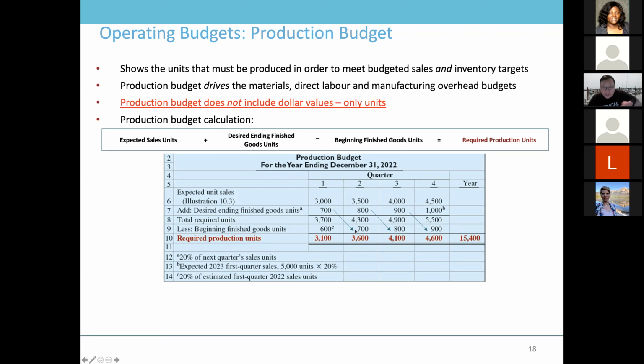So for Q2, I need to have in total 4,300, and the opening balance is 700. So I have to produce the difference, 3,600, in Q2. Okay, does this make sense?